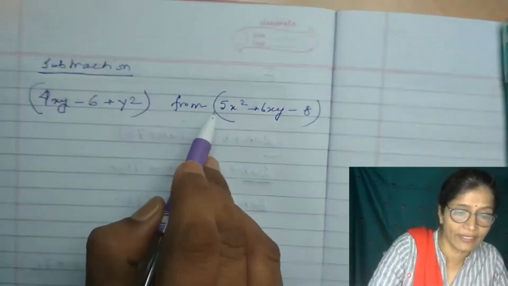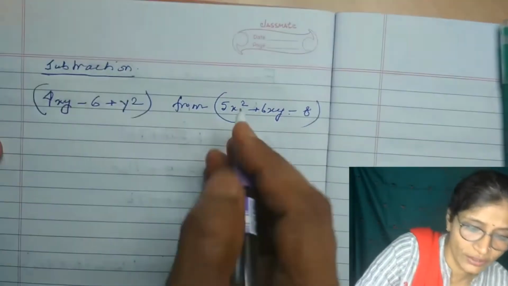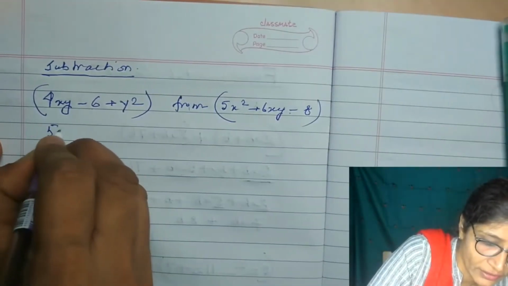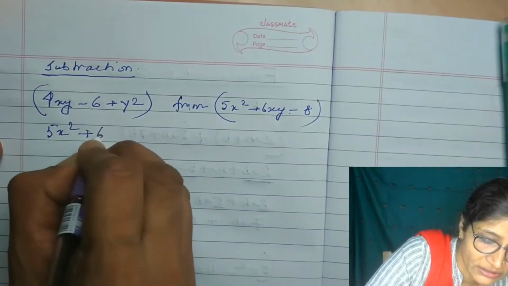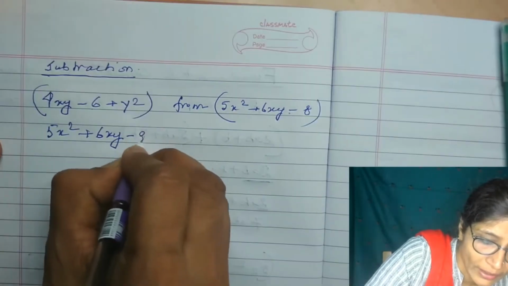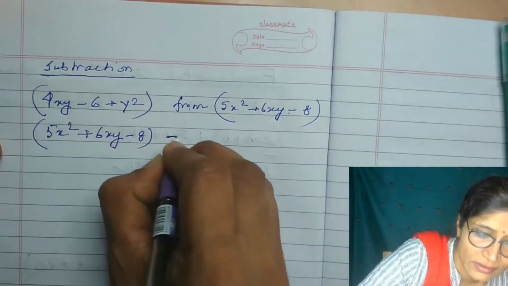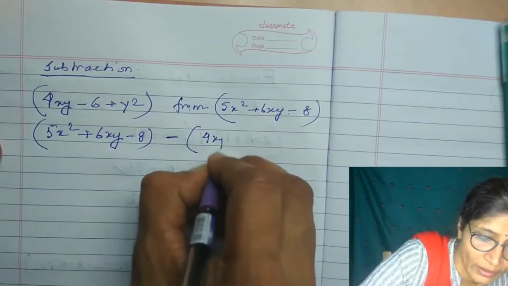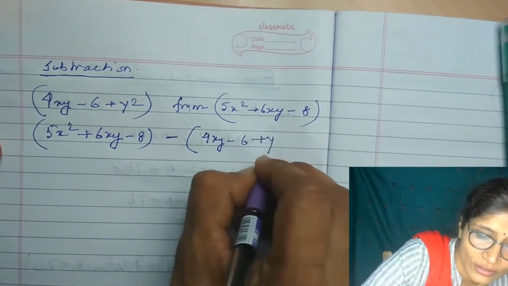It means that actually it wants to say 5x square plus 6xy minus 8 minus 4xy minus 6 plus y square.